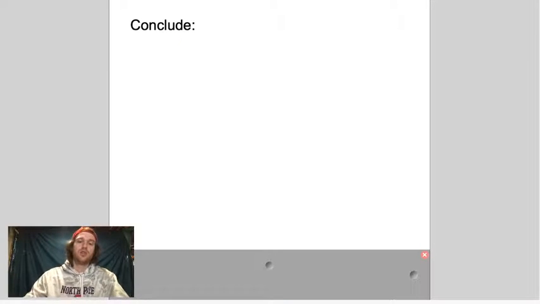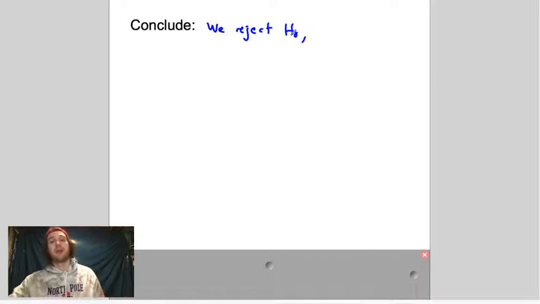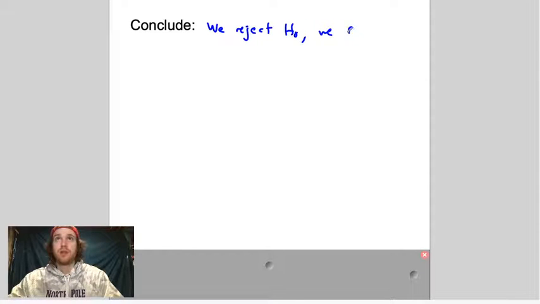So what's our conclusion for the test? The conclusion is we reject H0. We reject that the means for the two populations, the mean blood pressure reduction, is the same. We're rejecting that. Hold on here.